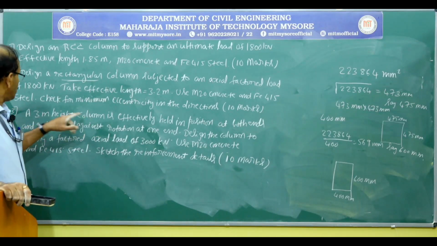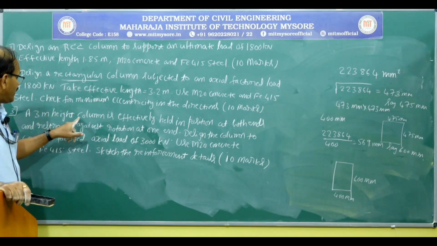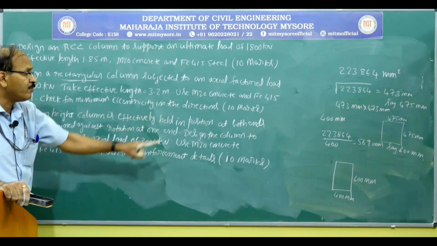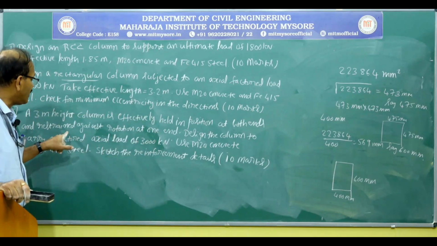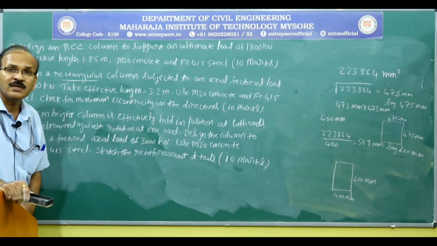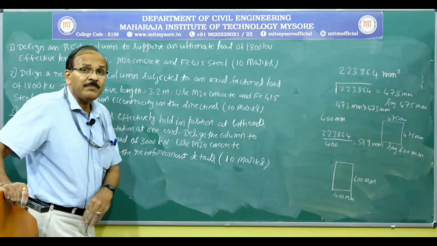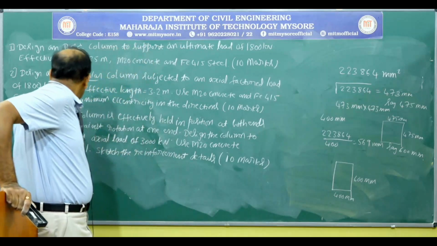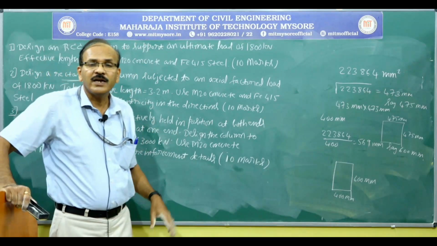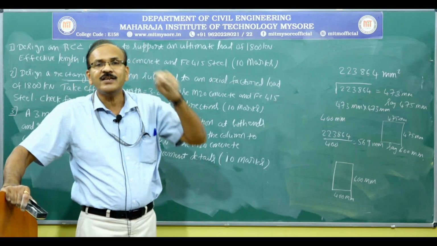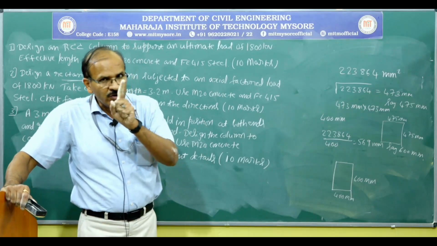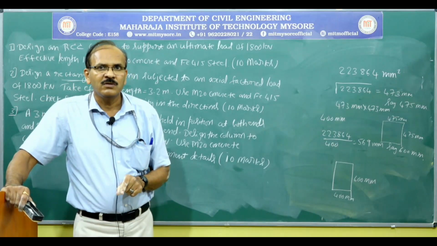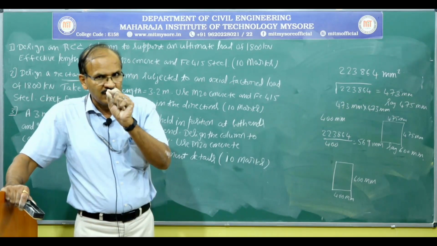So the problem goes like this. A 3-meter height, that is the unsupported length of the column, is effectively held in position at both ends and restrained against rotation at one end. So if you go to Table number 28 on page 94 of the code book, for this end condition, that is one end is fixed and the other end is hinged, you are going to get the recommended value of K. Refer to that.